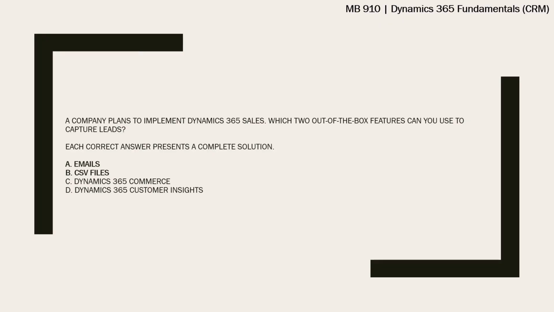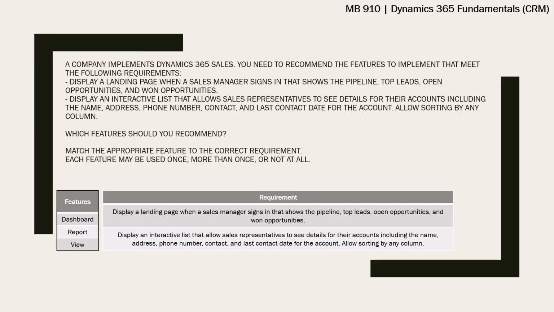A company implements Dynamics 365 Sales. You need to recommend the features to implement that meet the following requirements. Display a landing page when a sales manager signs in that shows the pipeline, top leads, open opportunities, and won opportunities.